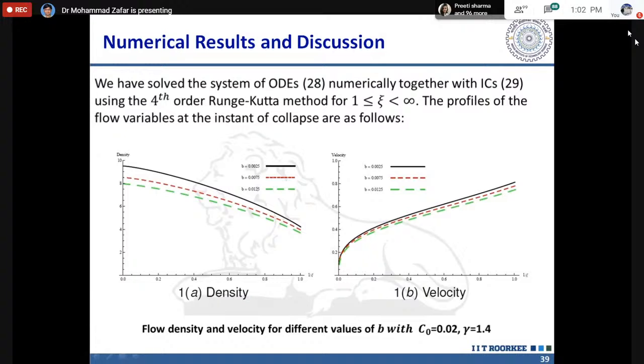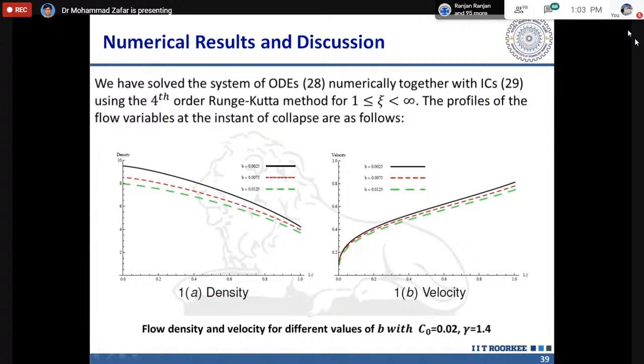The first one is the density profile, second is the velocity profile for different values of B, where B is the van der Waals excluded gas volume, with shock coupling number C naught 0.02 and gamma 1.4 for air.